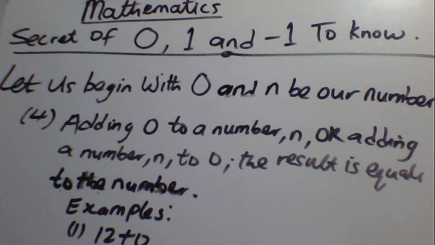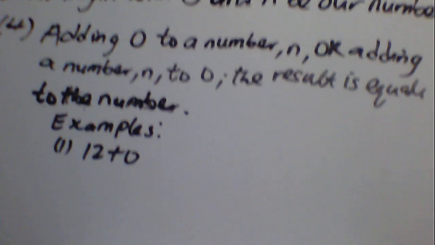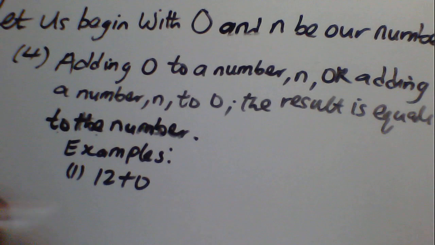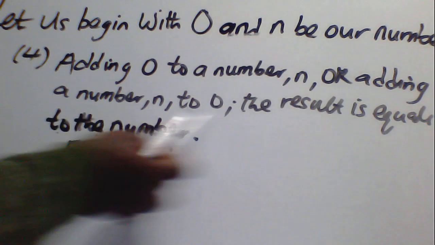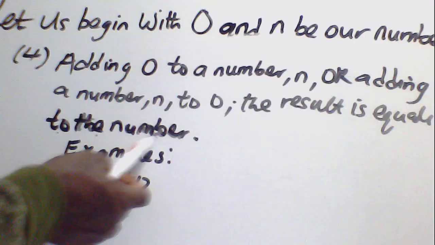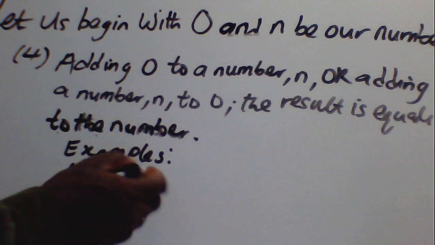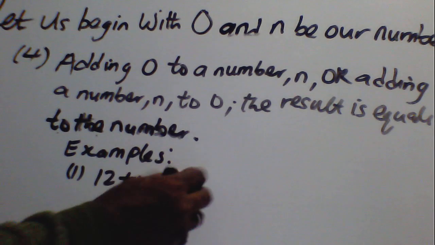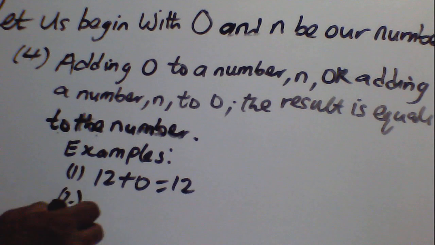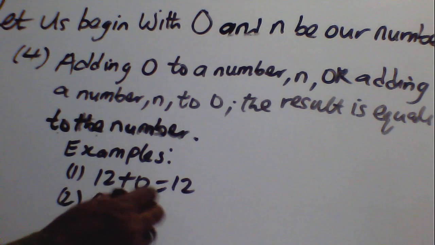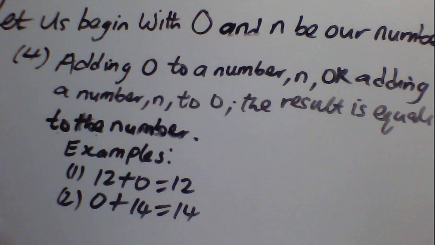In this case, we are adding 0 to a number. The result is equal to what? The number. 12 plus 0 is equal to 12. The second example, 0 plus 14 is equal to 14. So adding a number to 0 or adding 0 to a number, the result is equal to the number.